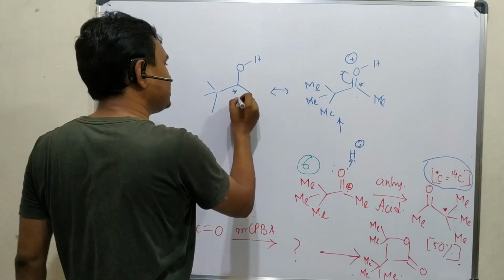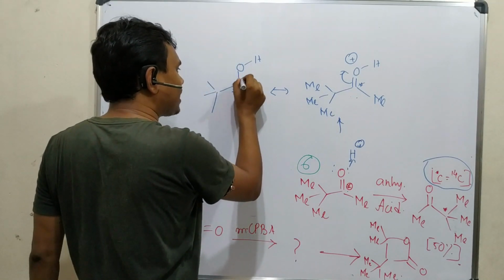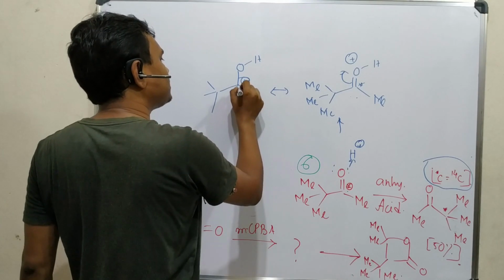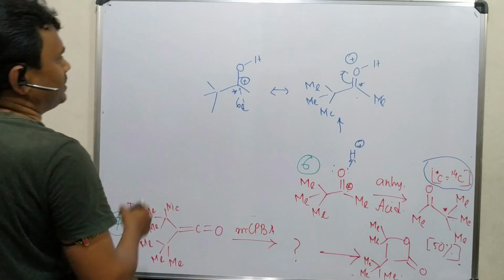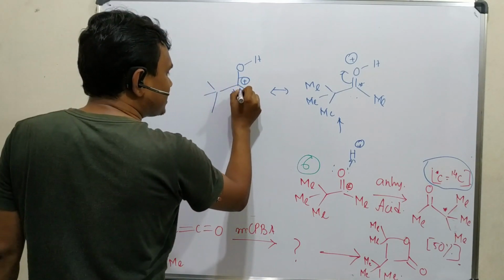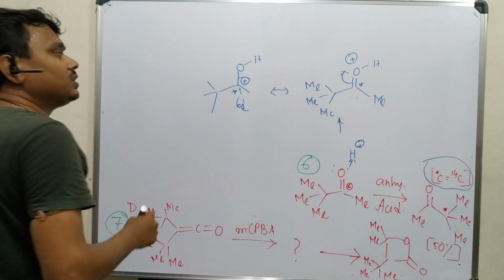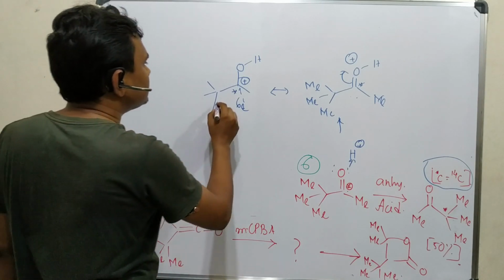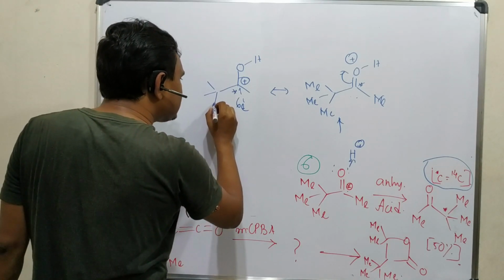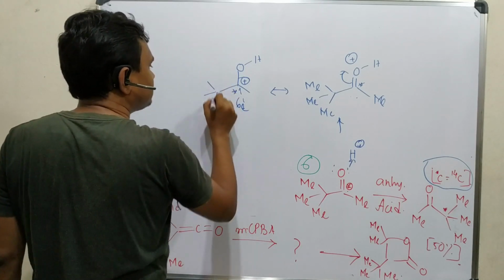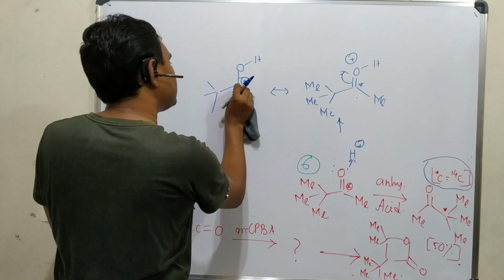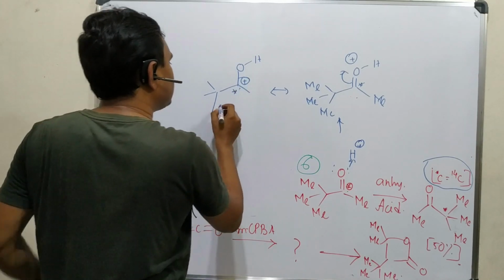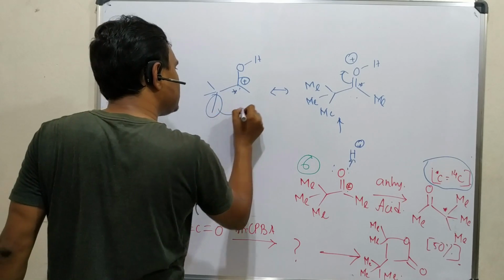So this carbon is a 6-electron center, a carbocation. So what can happen? Here a positive charge is there. Fine. So simply one thing happens, that this can migrate.